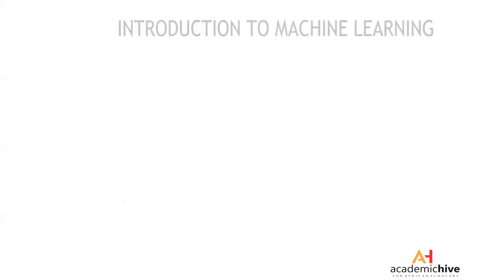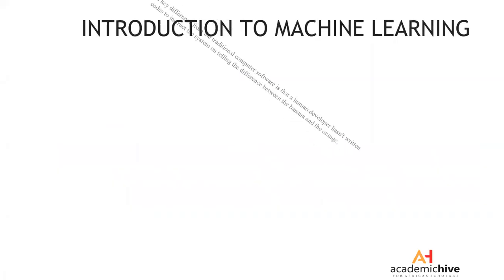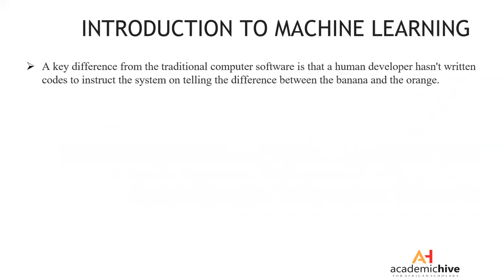So a key difference from the traditional computer software is that a human developer hasn't written codes to instruct the system on telling the difference between any given object.